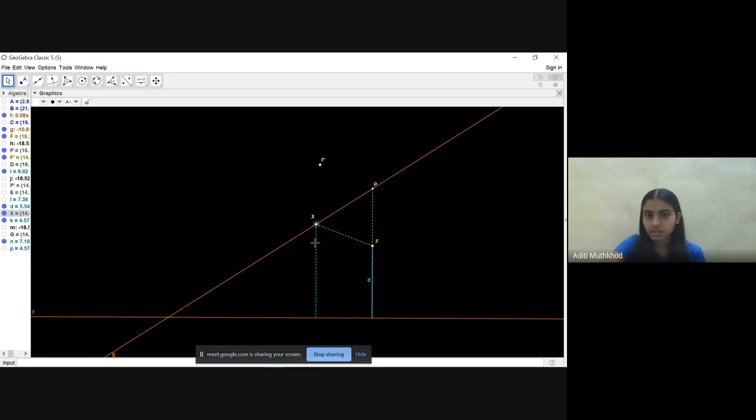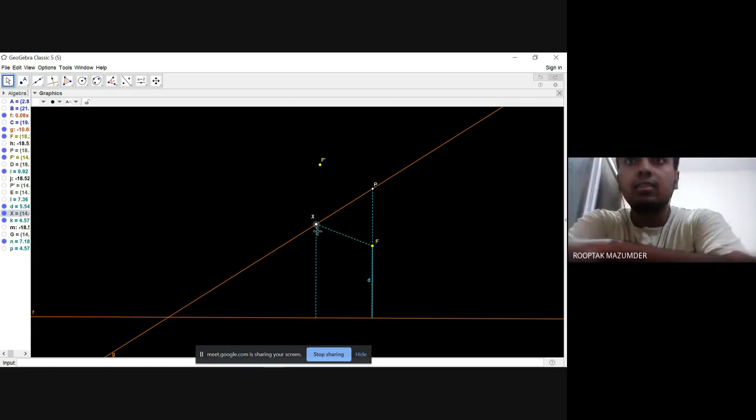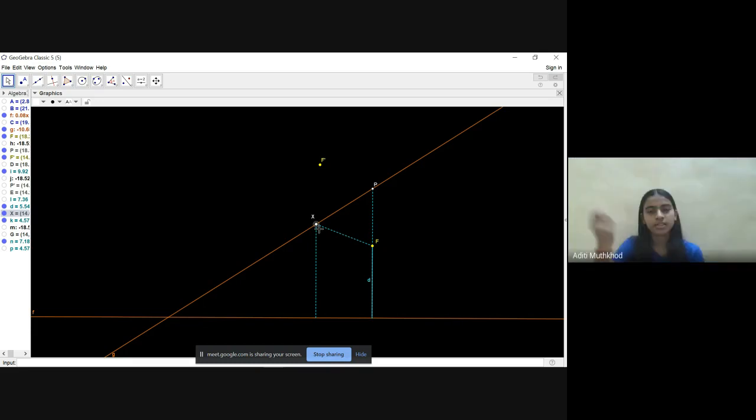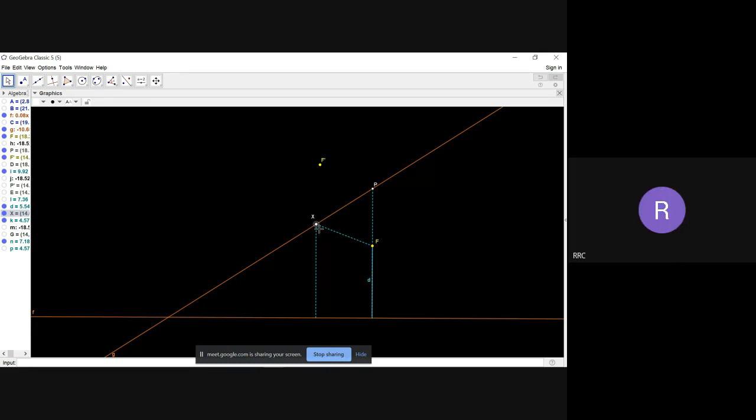XB is not XE minus XF. Yes, but only when X is equal to P will XF be equal to or less than XB.